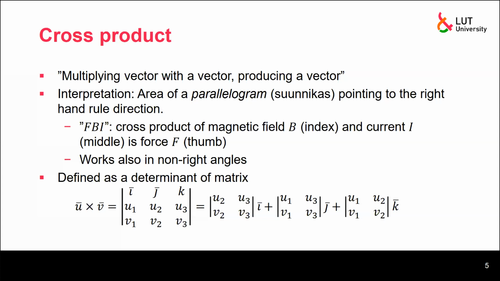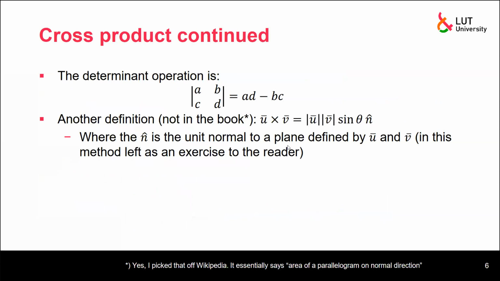And then we calculate the smaller determinant, and the 2 by 2 determinant is calculated such that we multiply those crosswise.